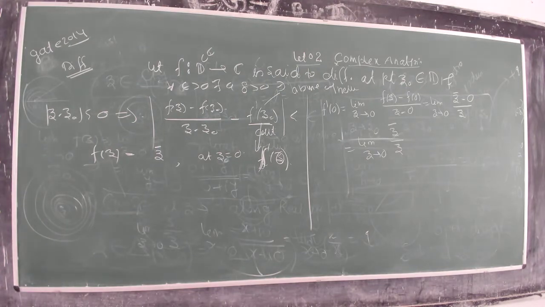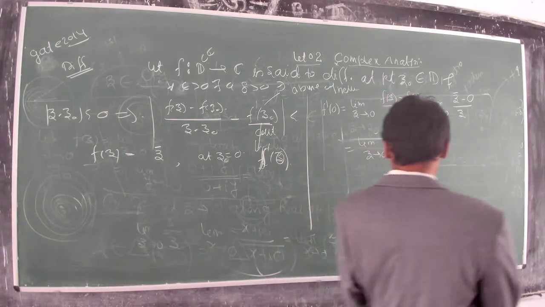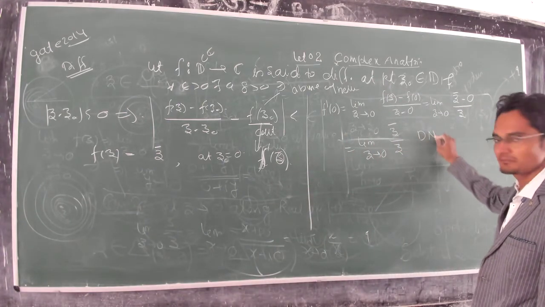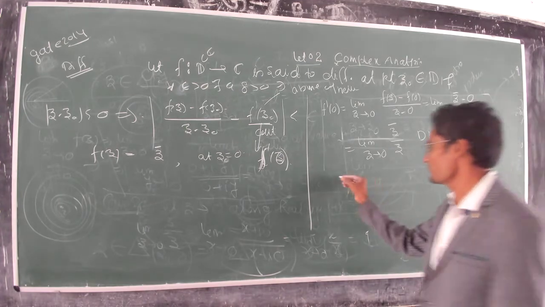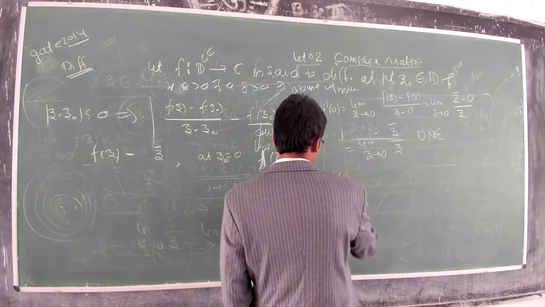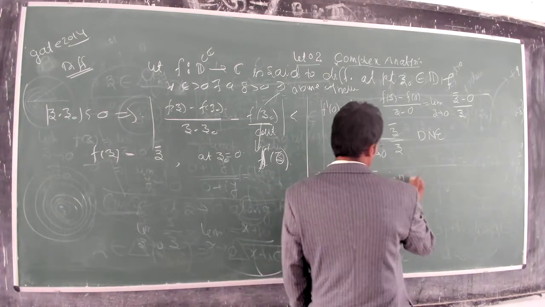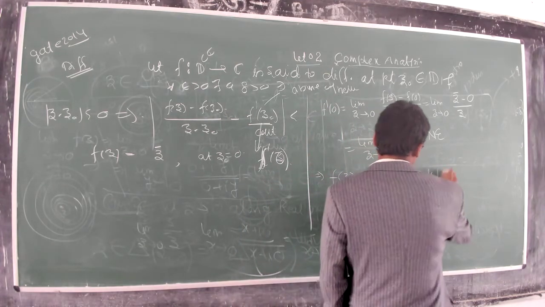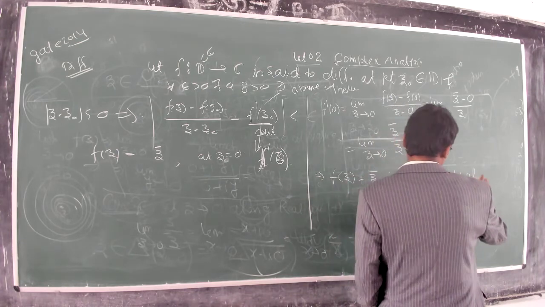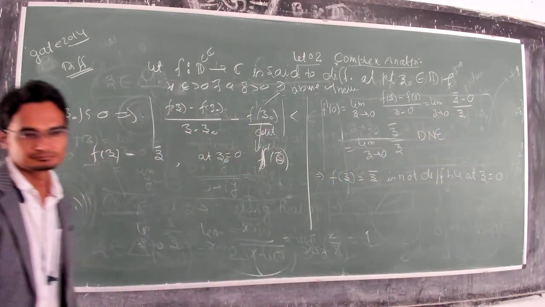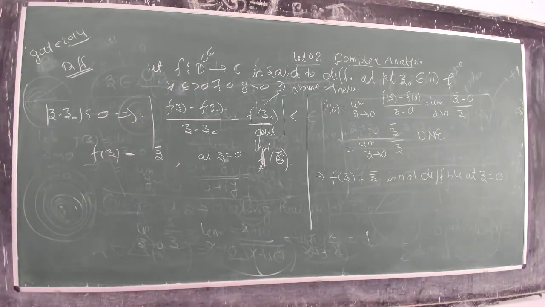You know that this does not exist. This implies that f(z) is equal to z bar is not differentiable at z is equal to 0. Alright?